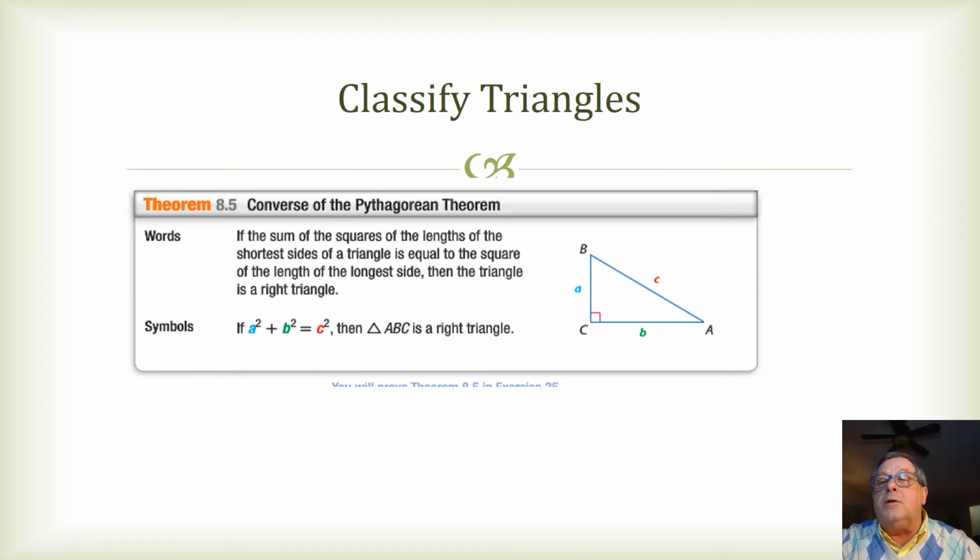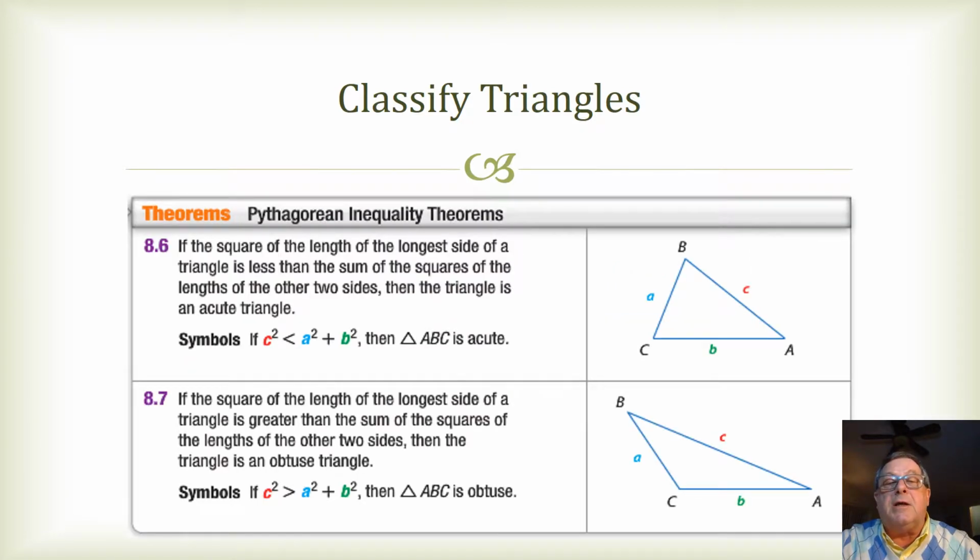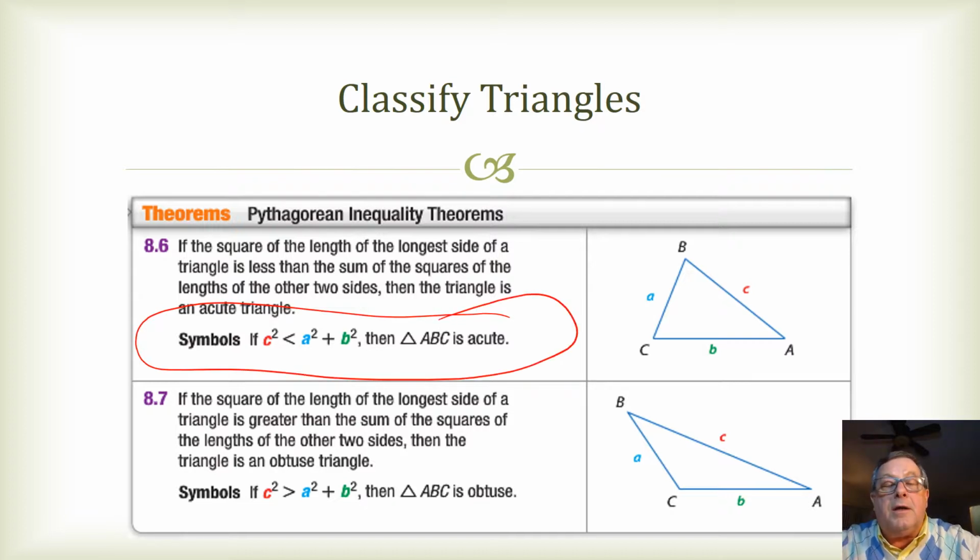Now, we can also determine from looking at the relationship of a squared plus b squared to c squared whether we have an acute triangle or an obtuse triangle, for triangles that are not right triangles. So let's take a look at these. These are Pythagorean inequality theorems. So if c squared is less than a squared plus b squared, then the triangle is an acute triangle.